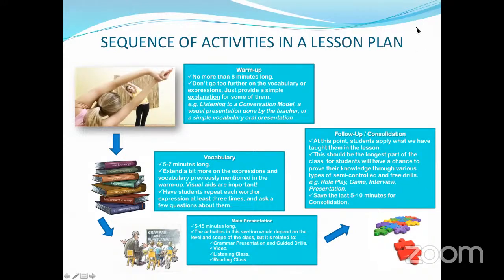At this point, students apply what we have taught them in the lesson. This should be the longest part of the class, for students will have a chance to prove their knowledge through various types of semi-controlled and free drills.